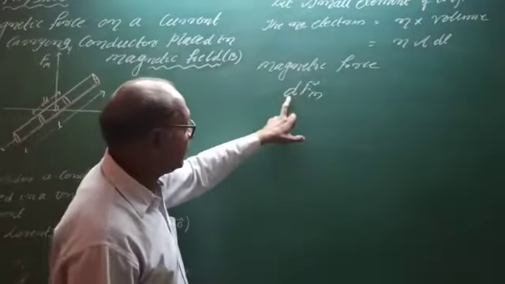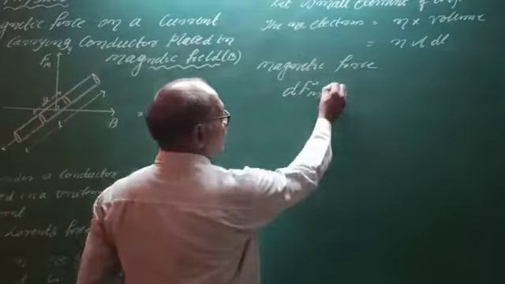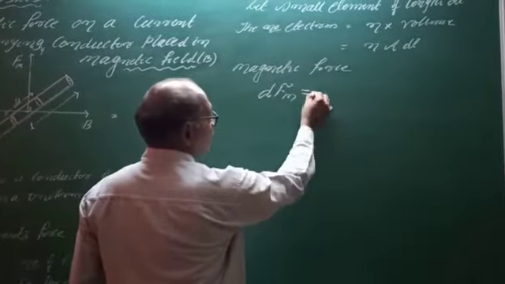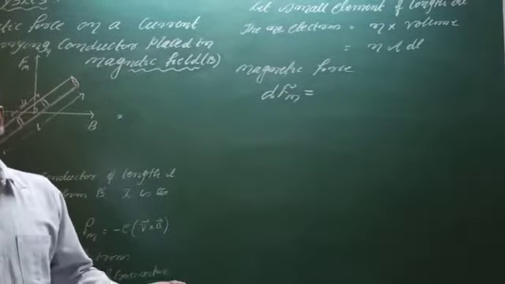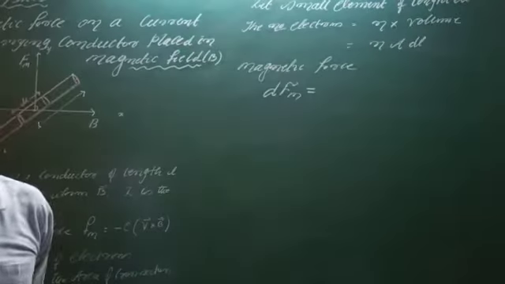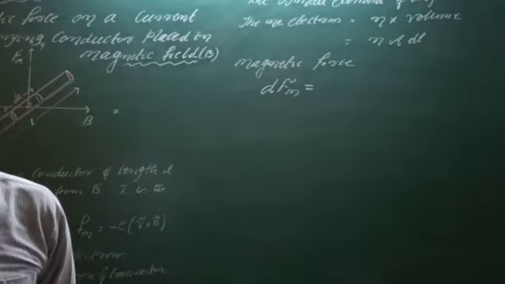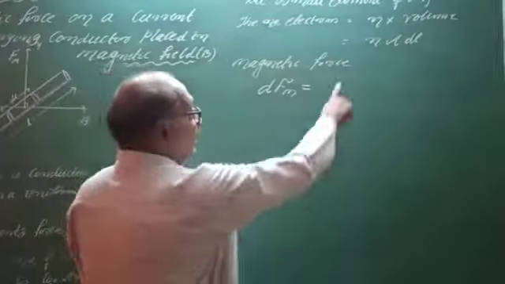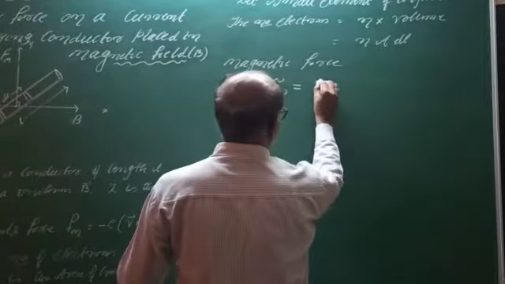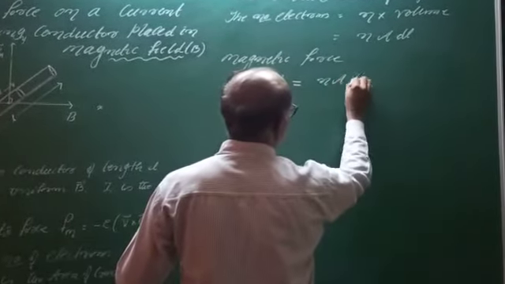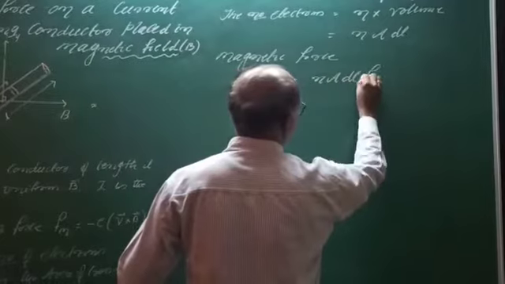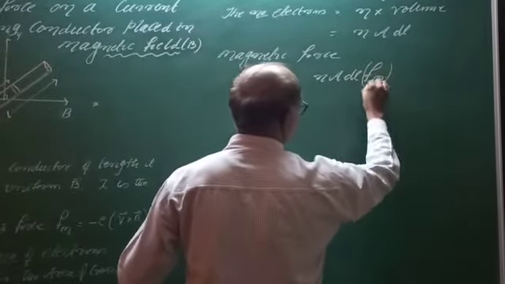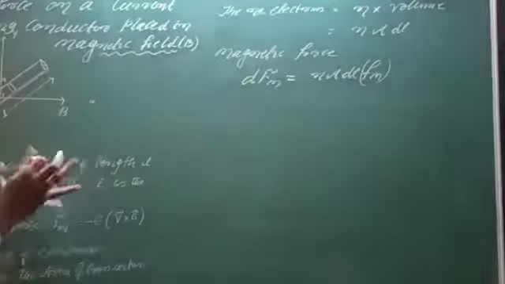So dF_m is equal to n A dl into small f_m. So the total number of electrons is present over here.